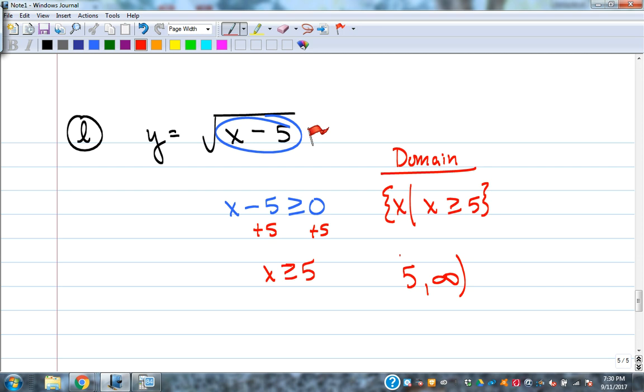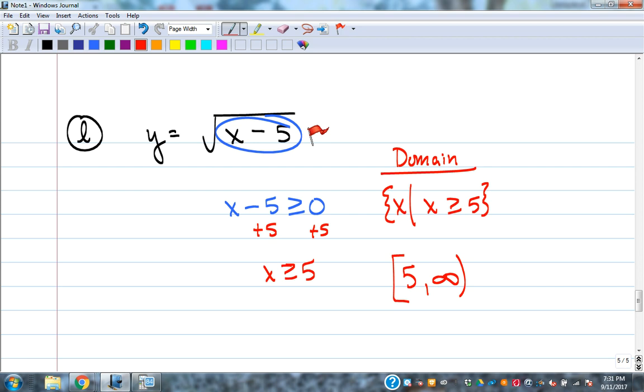So the way with interval notation to count something is to use a square bracket. The square bracket says 5 is included in the answers. Use it and then go to the numbers above it. Okay? The side on the infinity will always be a parenthesis.